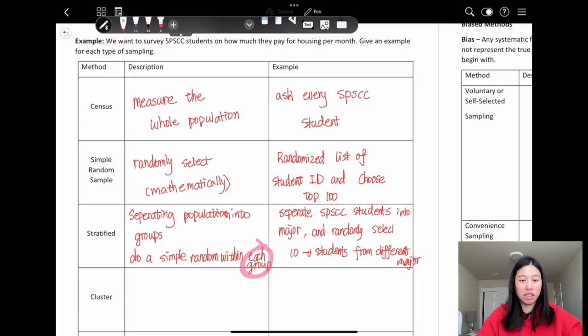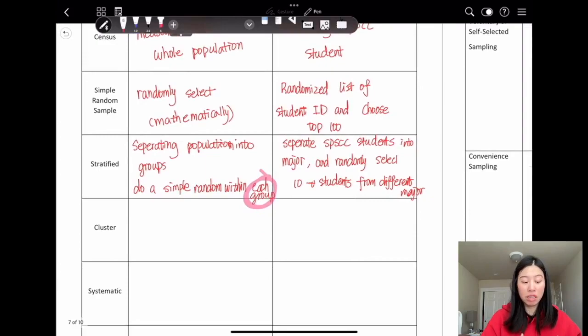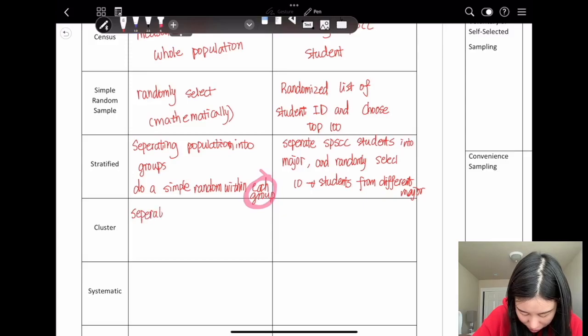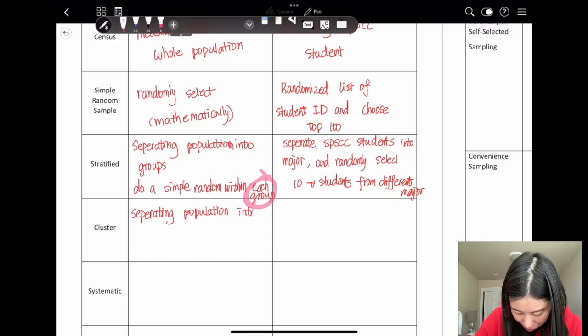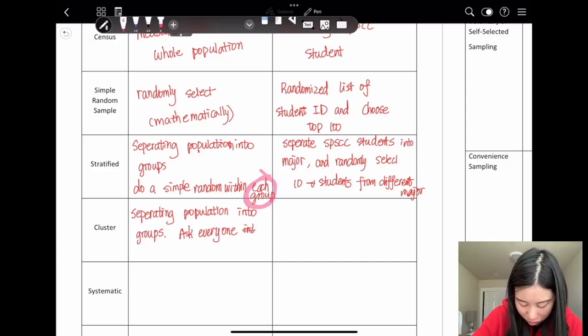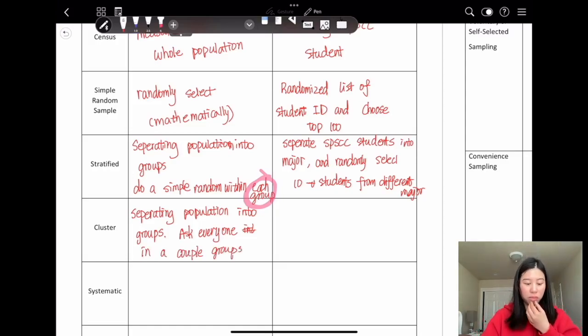Okay, so what is cluster? Cluster is where you separate the population into groups, the same as stratified, but instead of doing a simple random sample within each group, cluster asks everyone in a couple of groups.